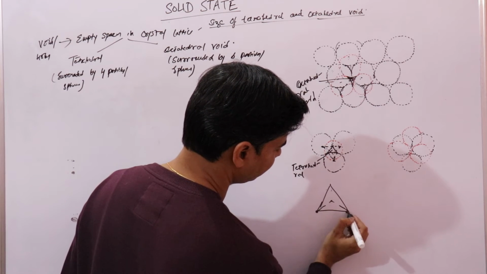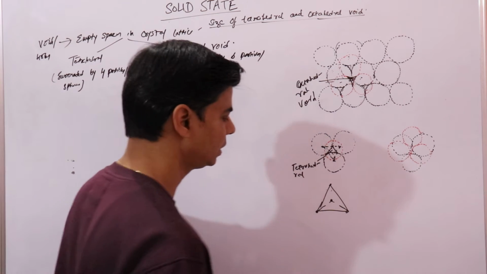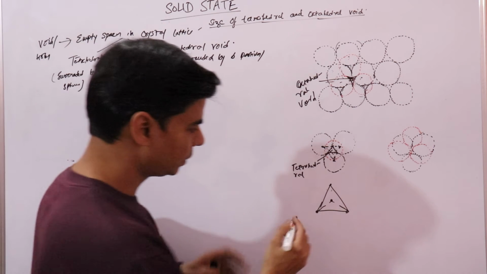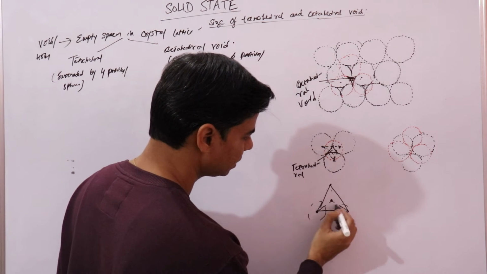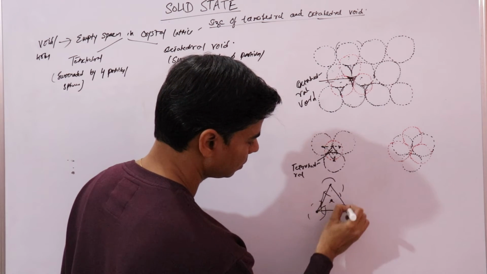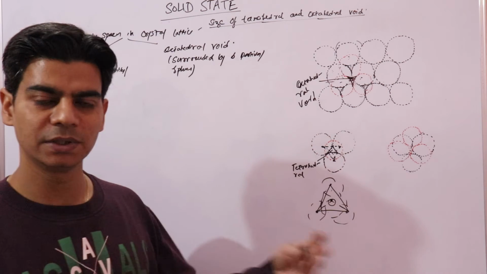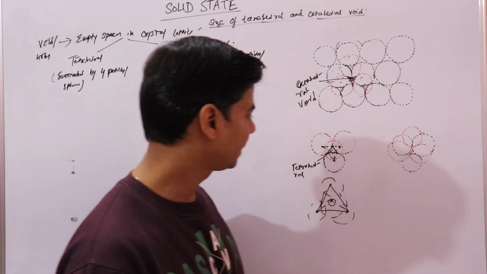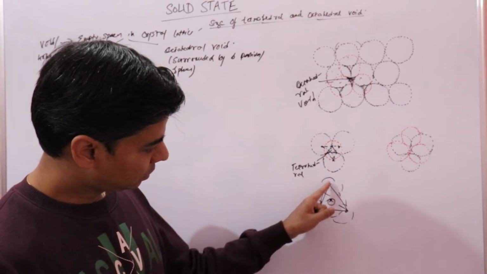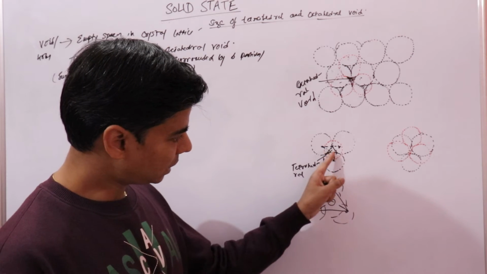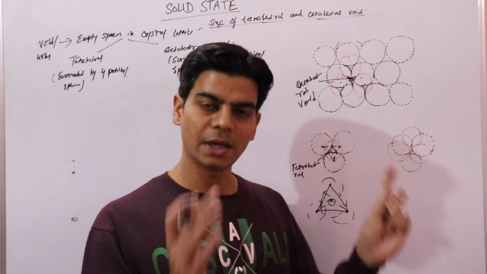These are the centers of these spheres, and there is a space between the spheres. This empty space is the tetrahedral void, because this void is surrounded by a tetrahedron.